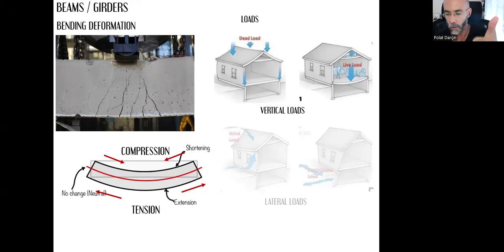We don't want our columns to be deformed under compression. We don't want our columns to be deformed under shear stress. We don't want our beams to be deformed under bending stress.